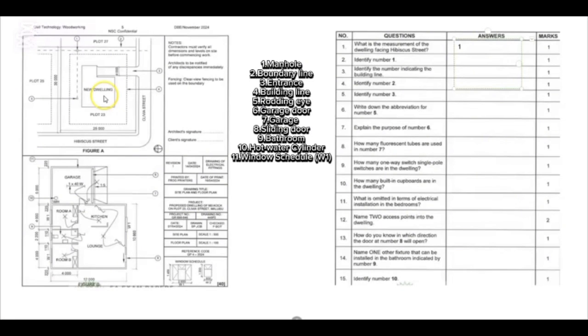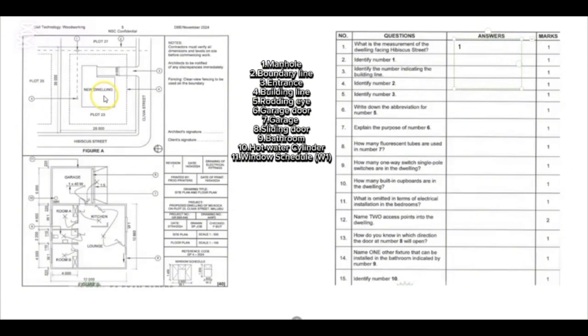Now, let's move on to figure B, which is your floor plan showing the inside of the house. Here we'll find the rest of the numbered parts. Number 6, this is the large opening of the garage wall. That's the garage door, which opens to let vehicles in and out.